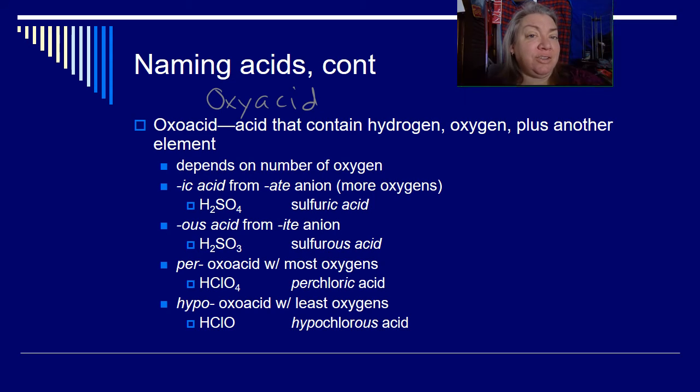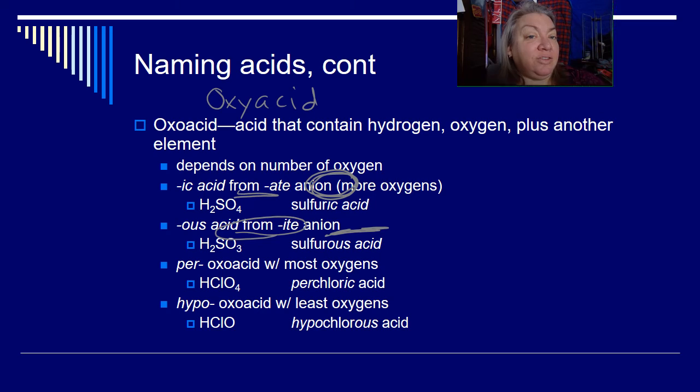Well, we actually use that last little bit to determine the acid name. If it ended with ate, we change that ending to ic acid. So sulfate becomes sulfuric. Nitrate becomes nitric. If it ends with ite, then we change the ending to ous. So sulfite becomes sulfurous. Nitrite becomes nitrous.